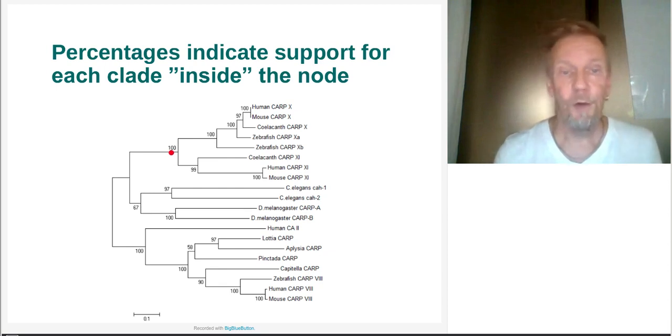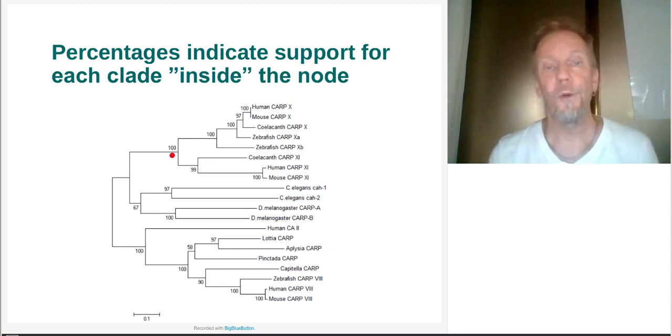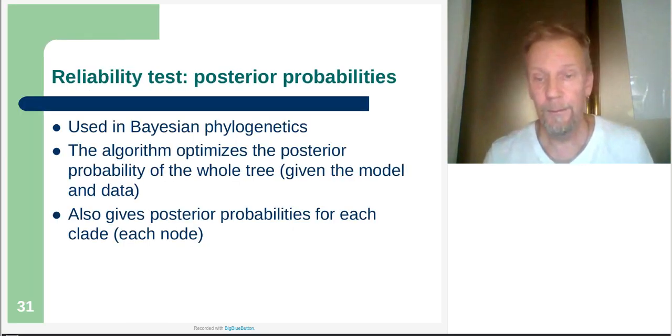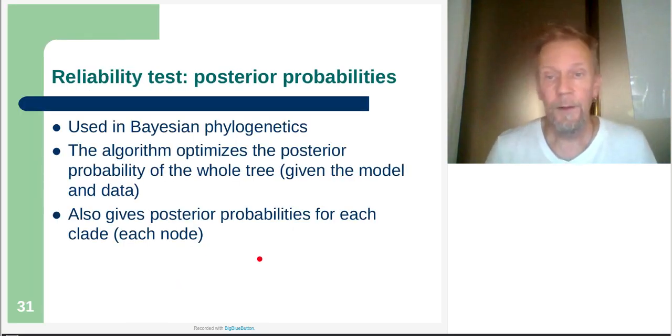But these percentages show you how well a clade radiating from this node is supported. In Bayesian phylogenetics, we don't do bootstrapping because the simulation is really long.